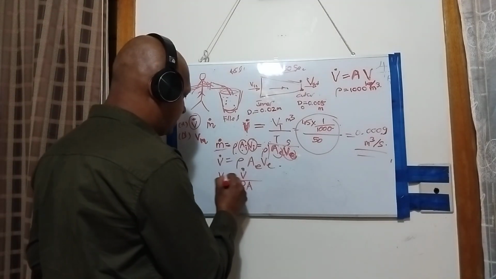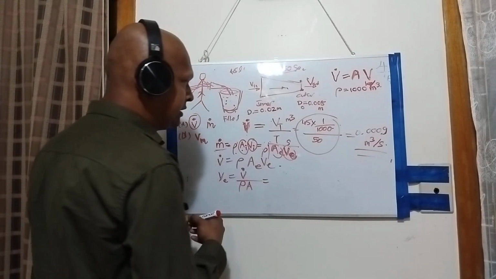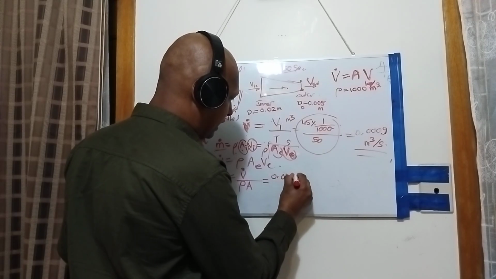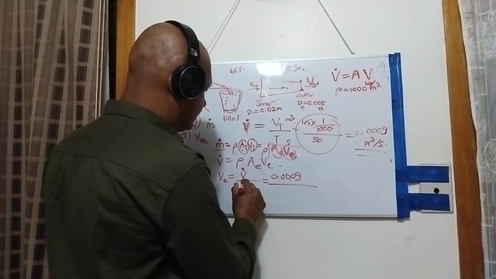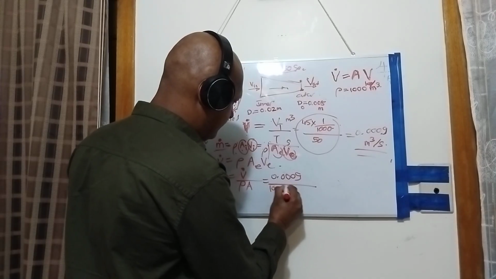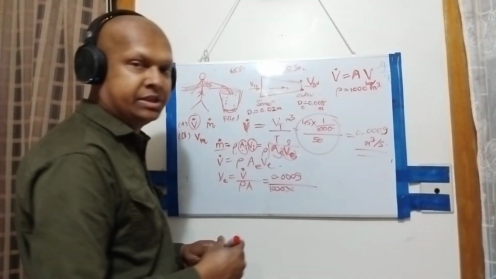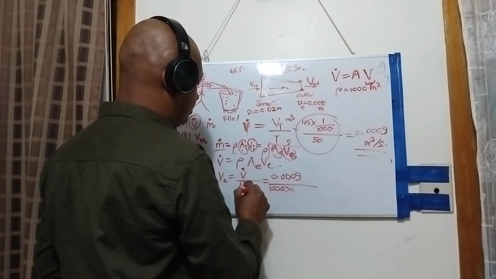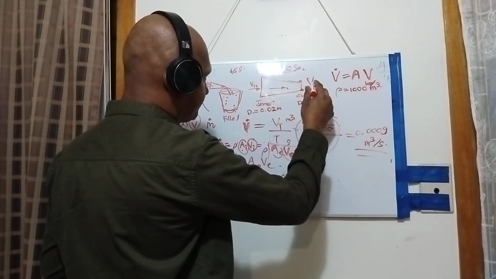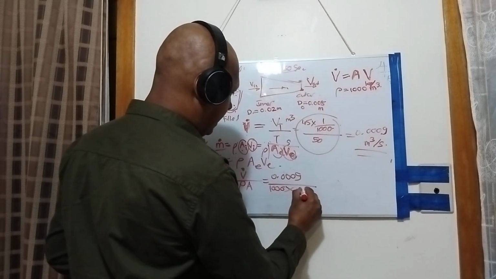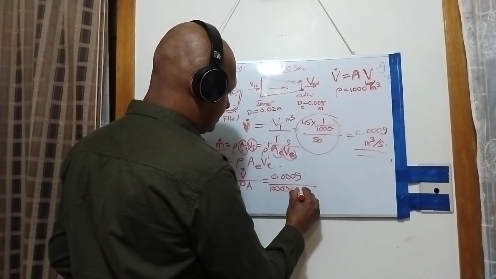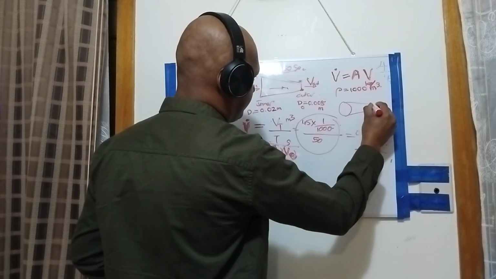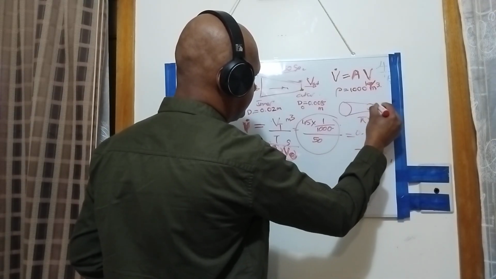So let's look at what the volume flow rate is. Now we calculate the volume flow rate as 0.0009 and the density is 1000, and then we have the area. So area we have to calculate is pi. The cross section is circular, so it will be pi r squared, the area.